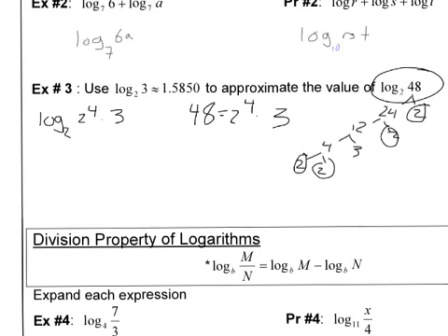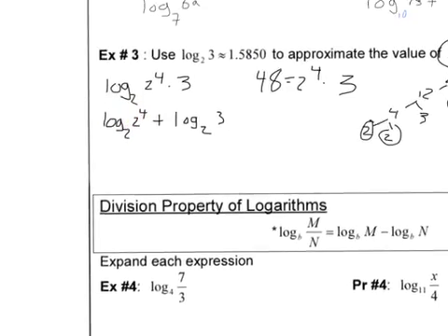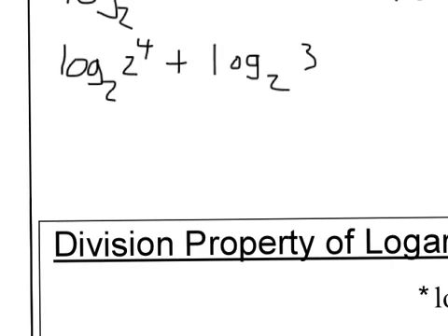And then I could keep going with this because I could split it off. I could say, hey, that's like log base 2 of 2 to the 4th plus log base 2 of 3. And look, they told me what log base 2 of 3 was right here, so I just got to figure out what this is. Well, let's think about what this really means. First of all, I could break this off into several log base 2's, right?